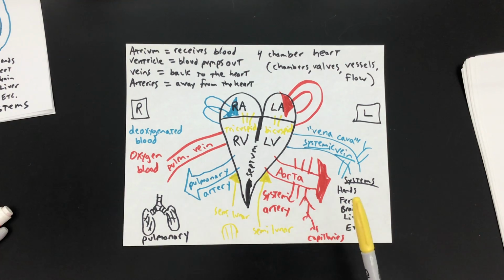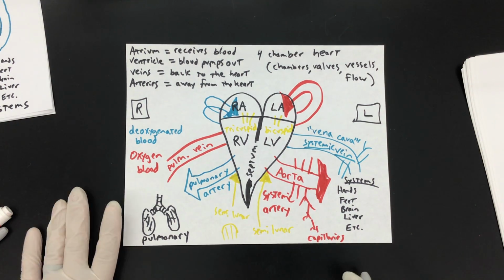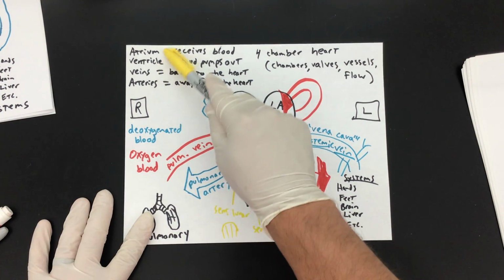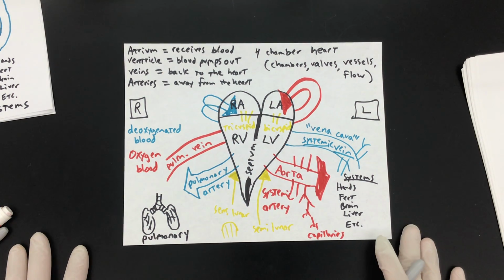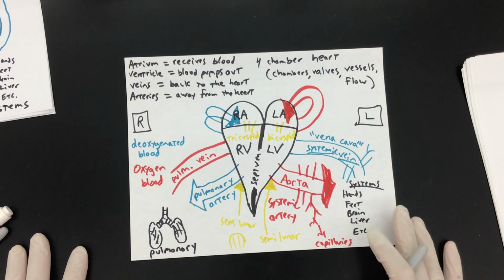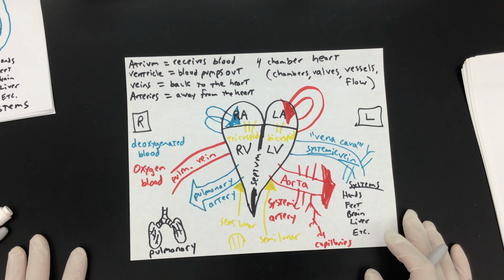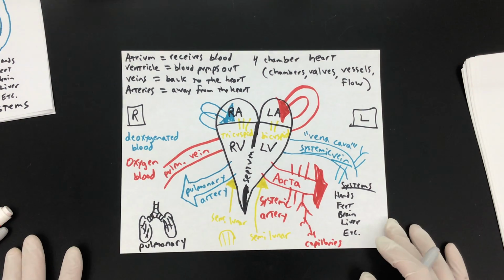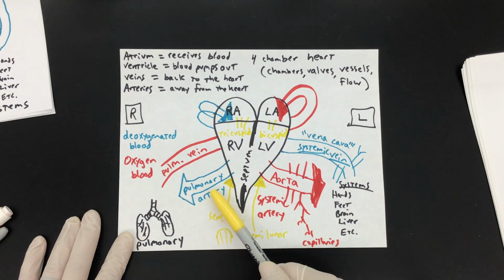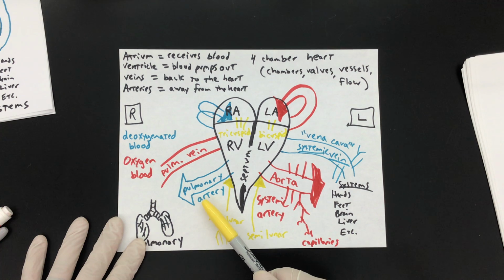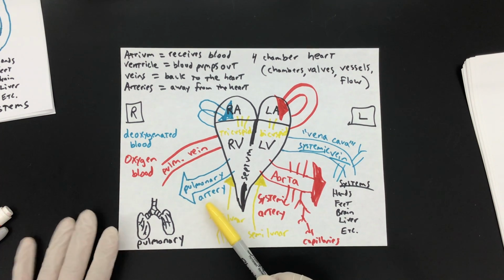This is a kind of complicated map here, but hopefully if you get these terms down, you'll always be able to answer a question, because there will be questions on the test where I say, is blood oxygenated or deoxygenated in the pulmonary artery? Well, you might jump the gun and say, oh, it's an artery, so it's leaving the heart, and if it's leaving the heart, it's going to be oxygenated.